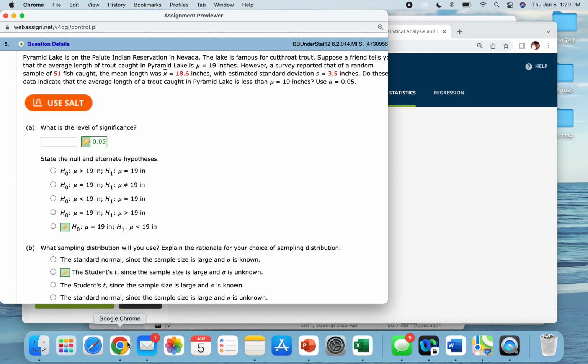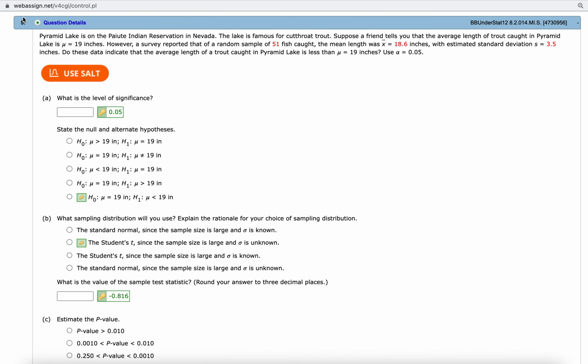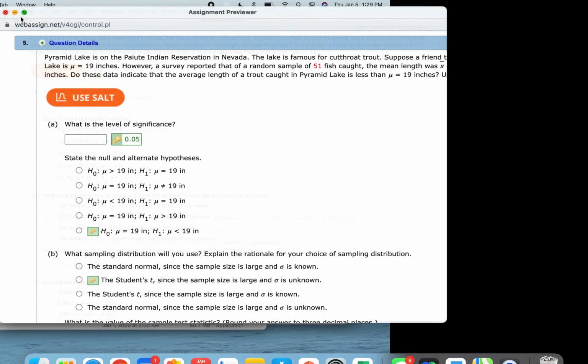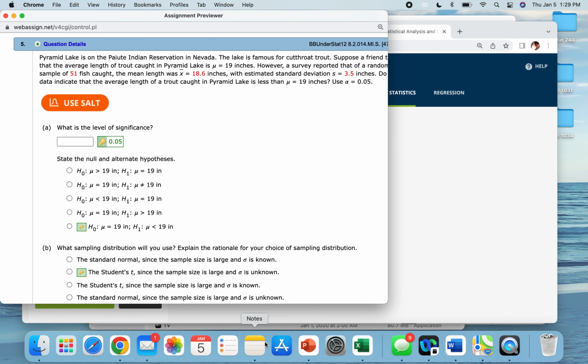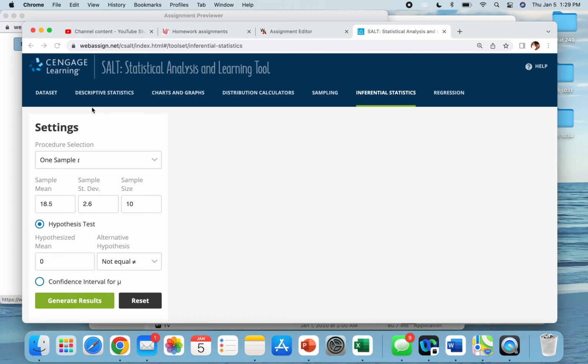The questions are randomized, meaning the numbers change. I'll just open it back up. Sample mean 18.5, sample standard deviation 2.6, sample size, let's just say 51.